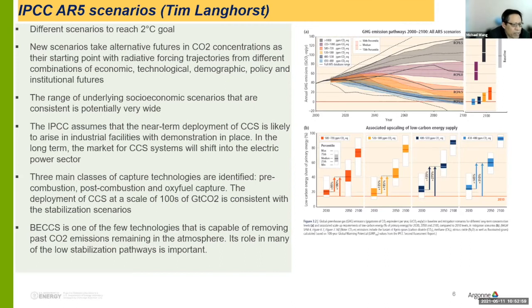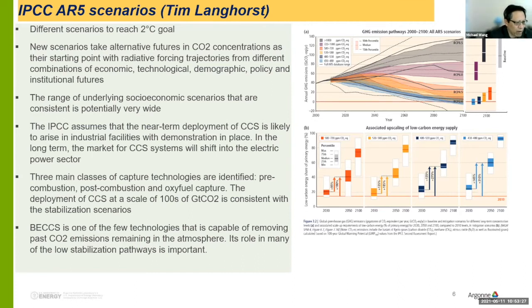The IPCC assumed the near-term deployment of CCS is likely to be in some industry facilities with demonstration in place. And as we all know on this call, there are some demonstration projects already going on in different sectors. So that's the IPCC starting point for CCS.